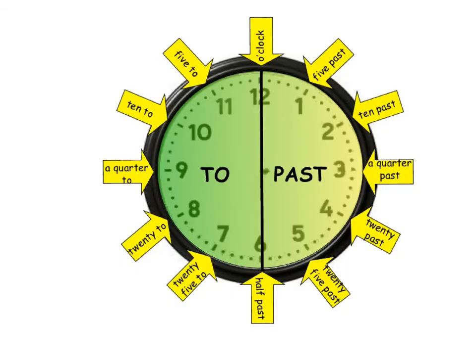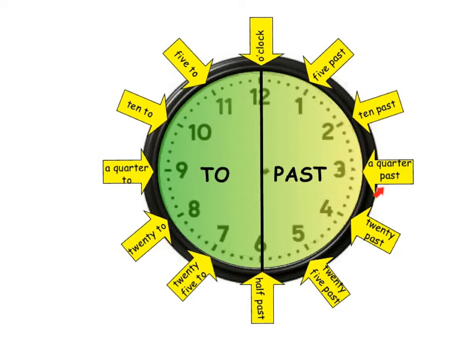This picture might help you a little bit better. See, again, we have here our past side on the right hand side and the to on the left, because we are coming back up to the hour. If we start at the o'clock, if we've gone 5 minutes this way to the 1, we've gone 5 minutes past the o'clock. If we come down even further to here, we've gone 10 minutes past the o'clock. If we come all the way down here, we've gone 15 minutes past the o'clock.